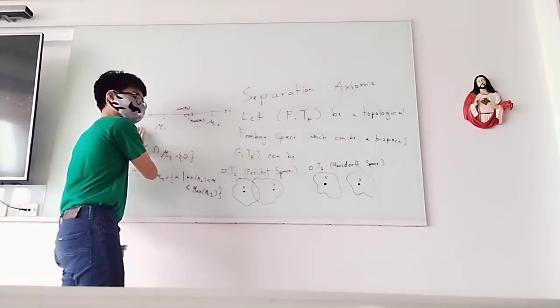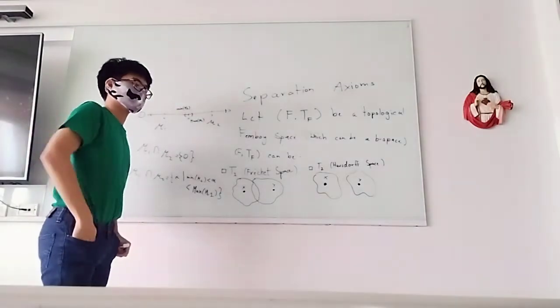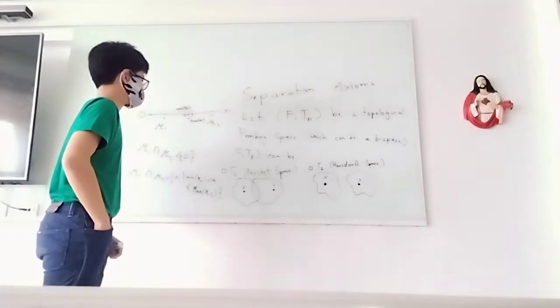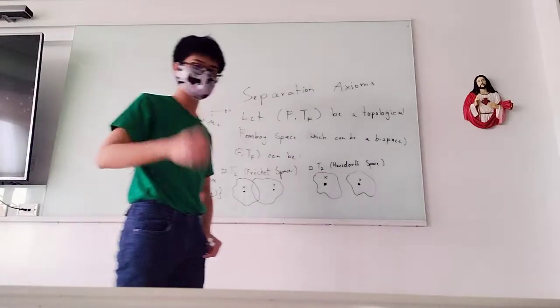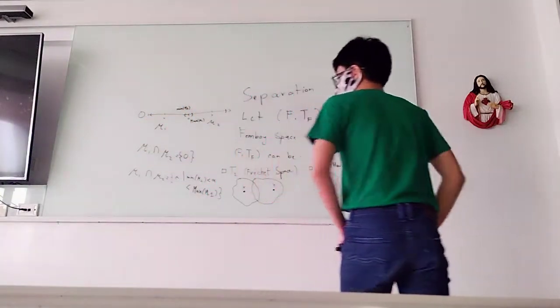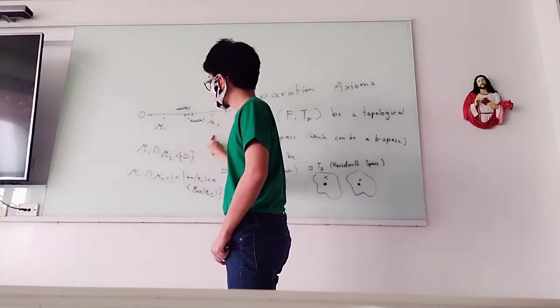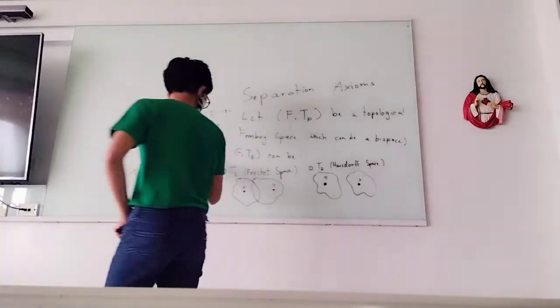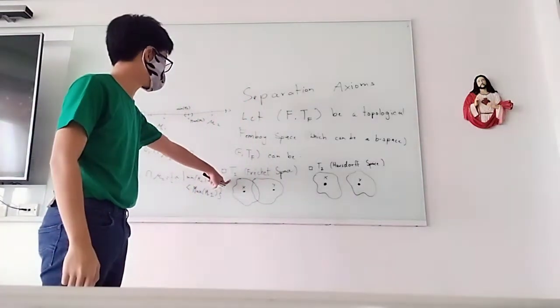If we have some intersection between these two neighborhoods, mu1 and mu2, this is a Fréchet space, or it's T1.